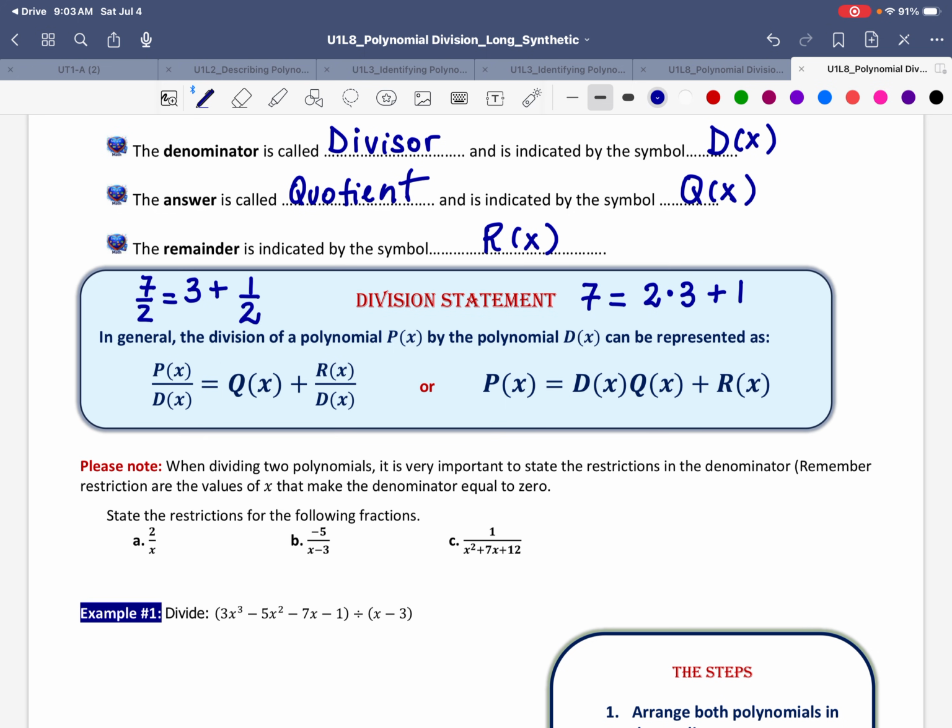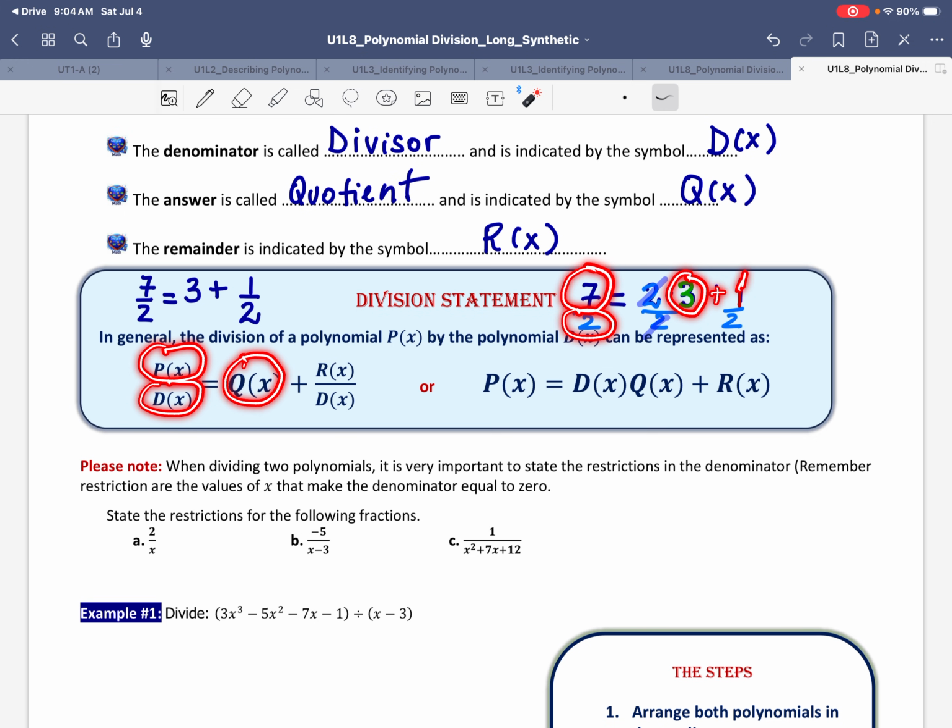Now, if you divide every term in this statement by 2, then 2 and 2 simplify, and we get the polynomial in our case, divided by the divisor, d(x), equals the answer, or the quotient, plus the remainder, which is the number 1, divided by d(x), the divisor again.